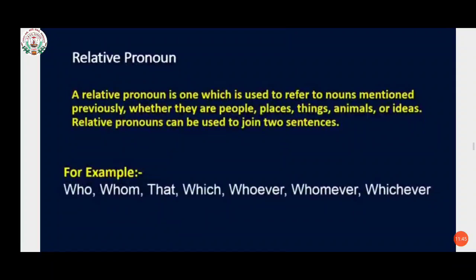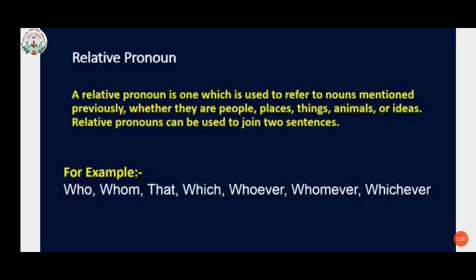Now, next is relative pronoun. What is a relative pronoun? A relative pronoun is one which is used to refer to nouns mentioned previously, whether they are people, places, things, animals, or ideas.